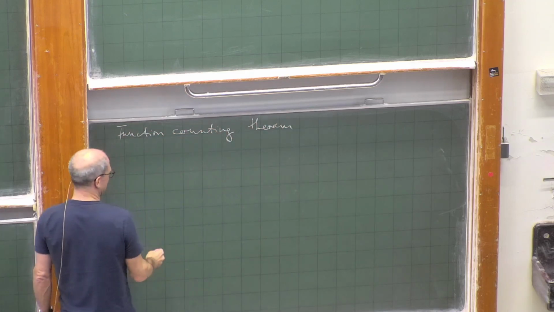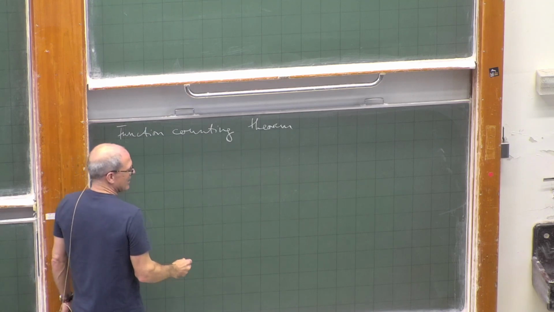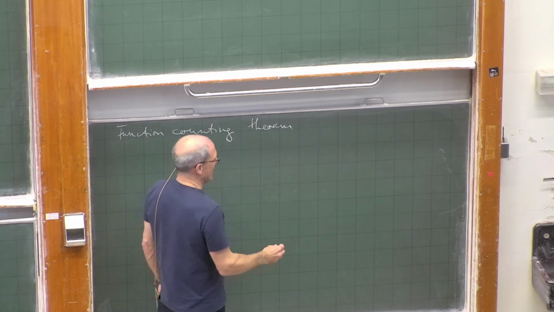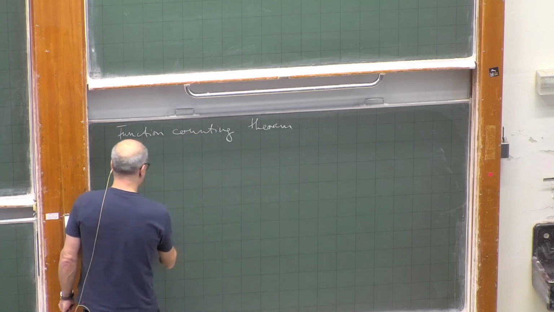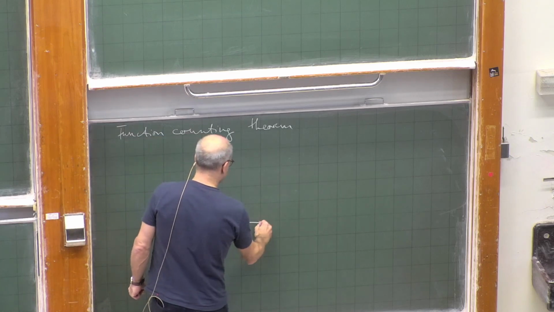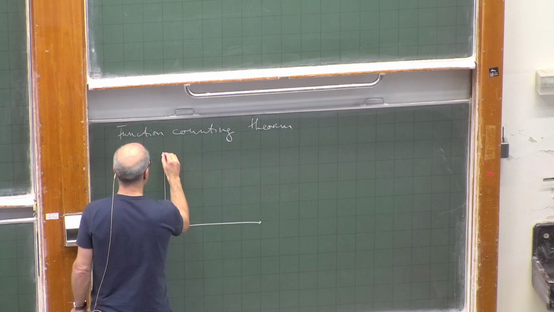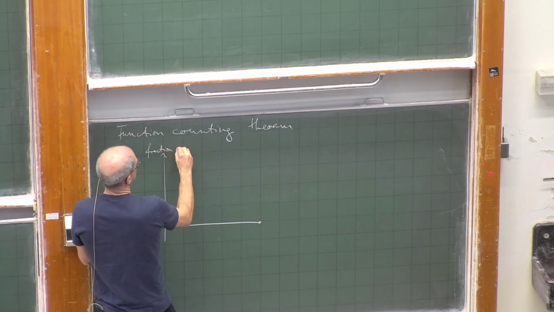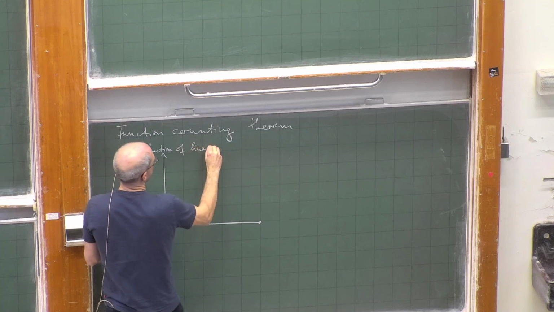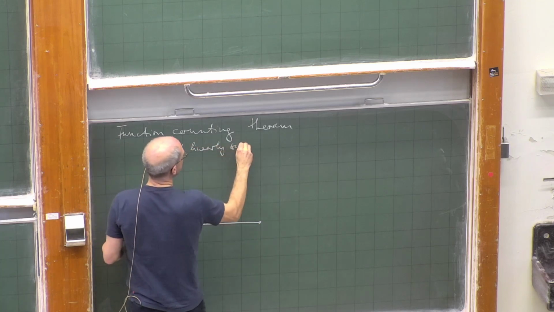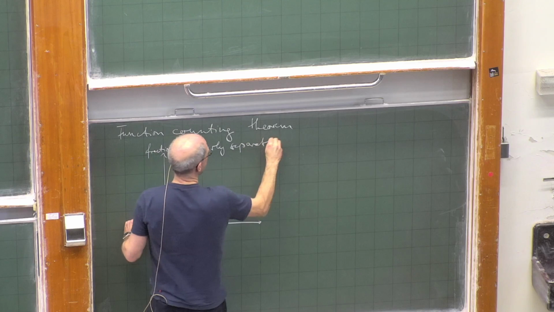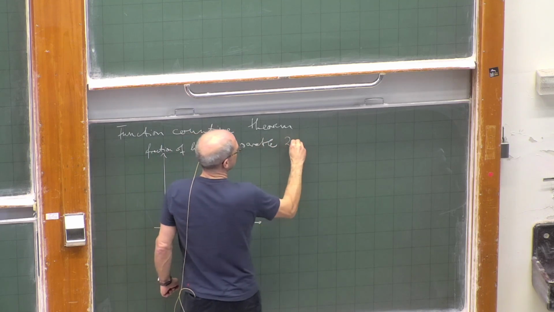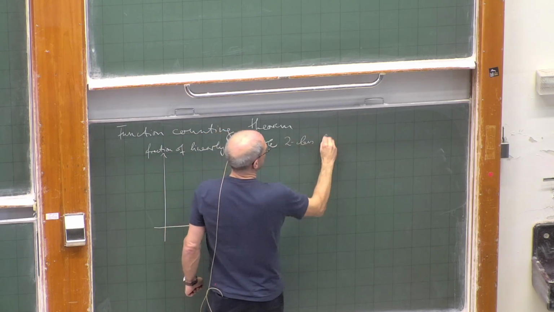The function counting theorem looks at the fraction of linearly separable two-class label assignments.